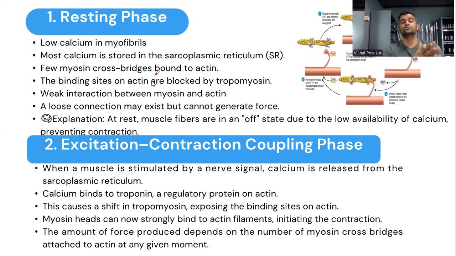As soon as the signal is received, calcium ions are released and the myosin head attaches to the actin. ATP is hydrolyzed, resulting in a power stroke, pulling the actin closer and eventually shortening the sarcomere.